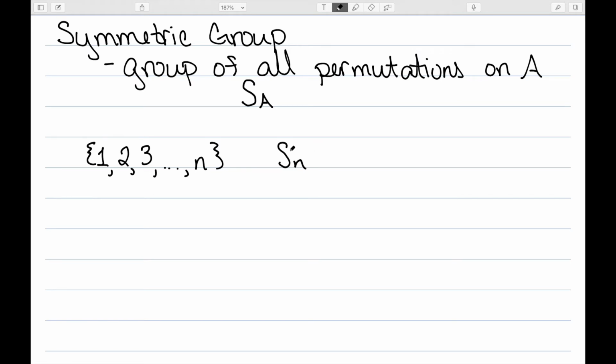Let's look at some examples of these symmetric groups. Let's consider S3, so the symmetric group on 3 elements. The identity, so we write 1, 2, 3 in the first row. The identity would just map them to 1, 2, and 3. Let's call the next one alpha.